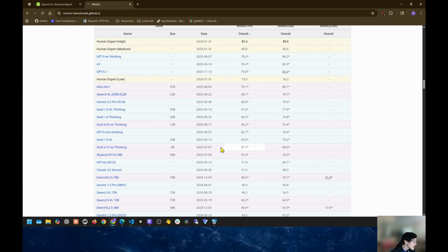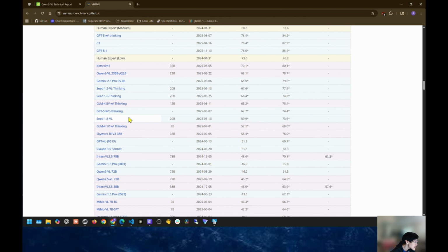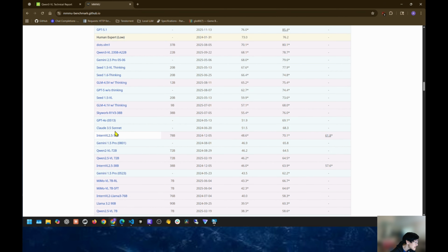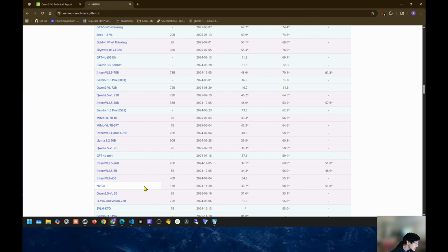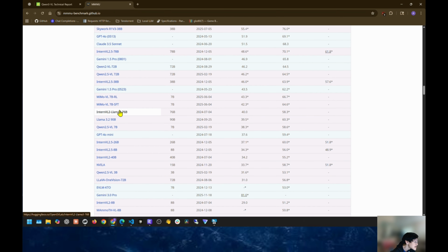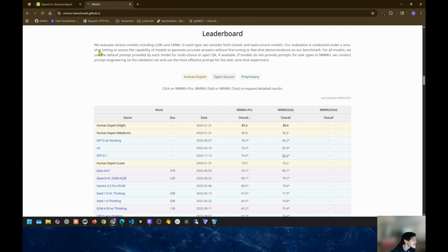Cool. I wonder if there's another Qwen model here, like a smaller one up here. No, just the bigger Qwen2 VL models are here. It's not until where we get to, I guess this is not benchmarked here. Okay, that's fine.